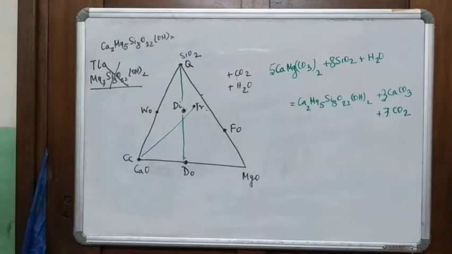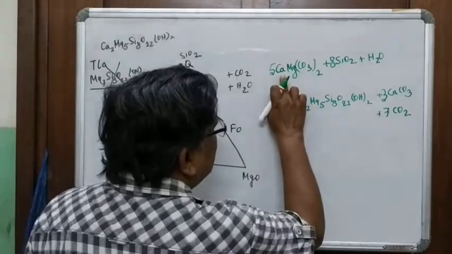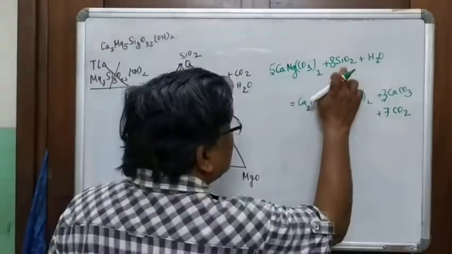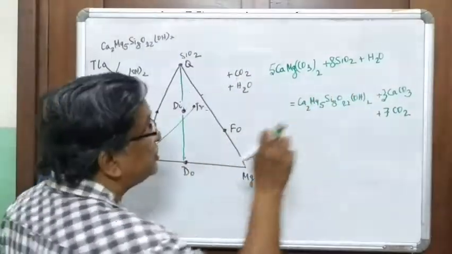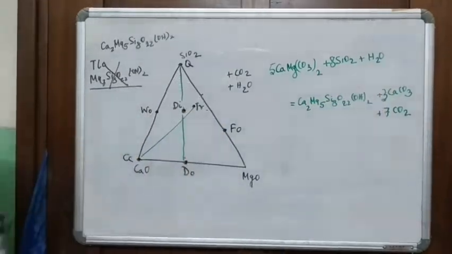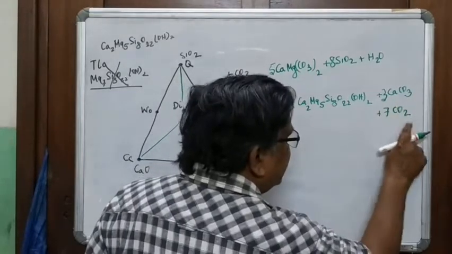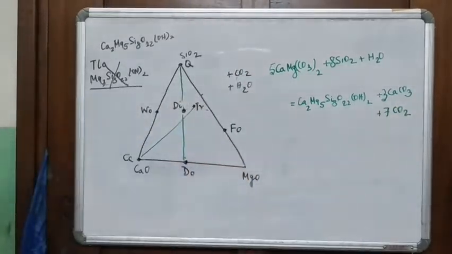In this reaction, 5 dolomite moles react with 8 quartz moles, consume H2O and produce tremolite and calcite with the liberation of carbon dioxide.